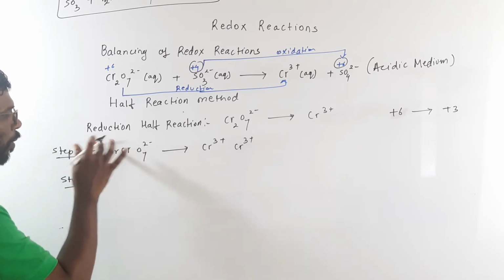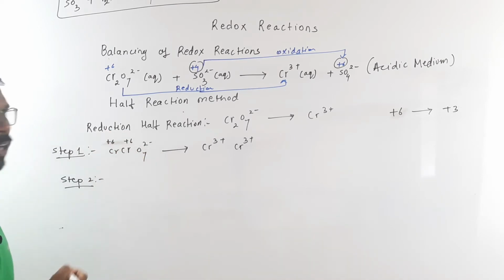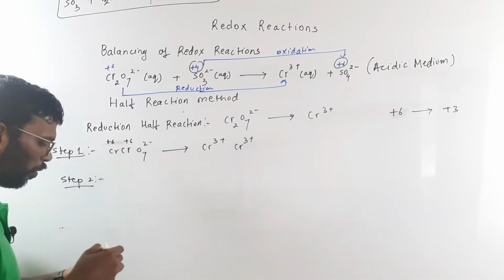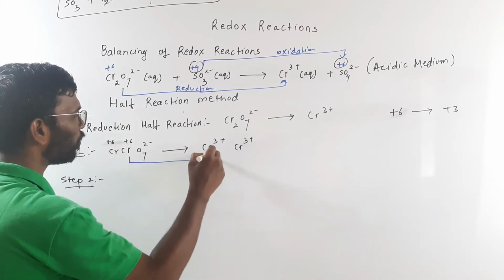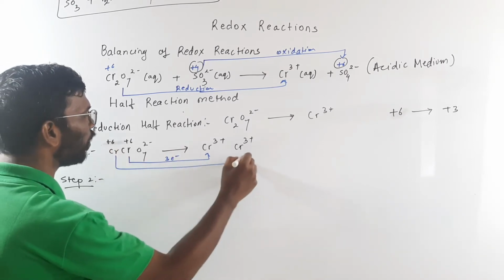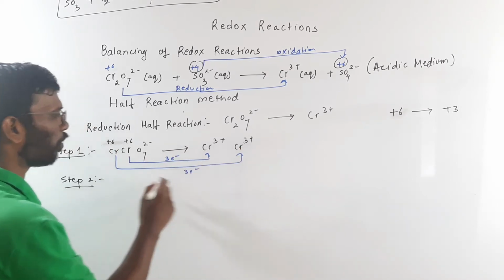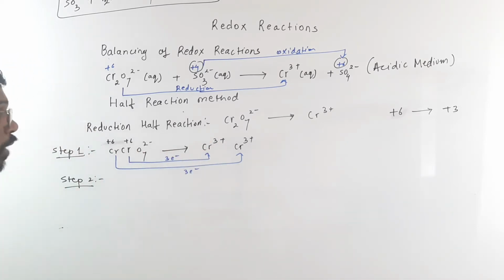The chromium in this compound is in +6, and this is also in +6. So from here to here it is a gain of 3 electrons, and from here to here it is a gain of 3 electrons. That is how we can understand the 2 chromium and the 2 chromium. So there is a total gain of 6 electrons.